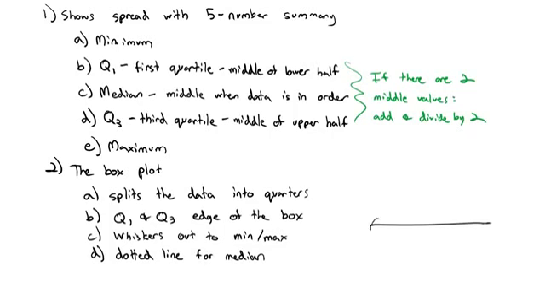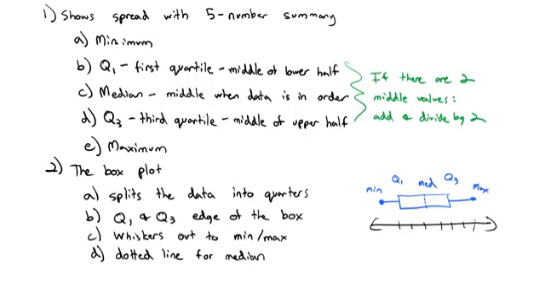And so what we end up with is there's some number line down the bottom. And then floating above that number line is the box showing where the quartiles are, Q1 and Q3. Whiskers out to the minimum and maximum values, and then a dotted line for the median.